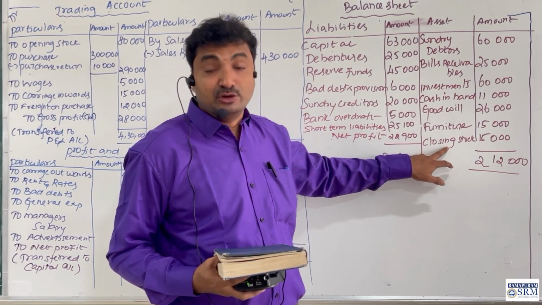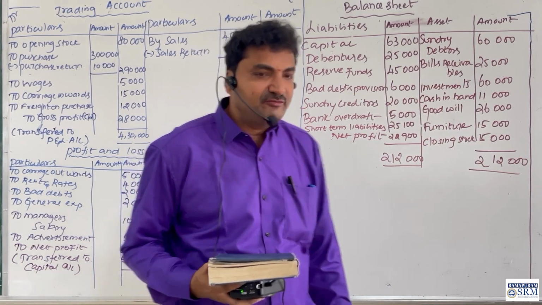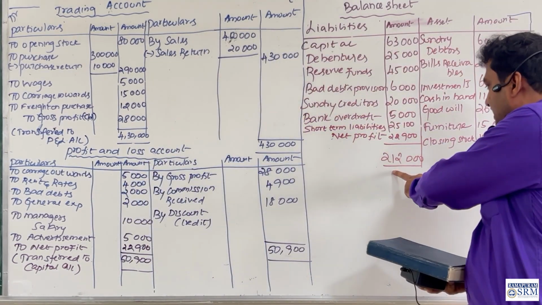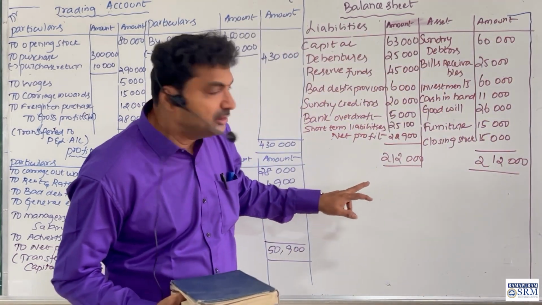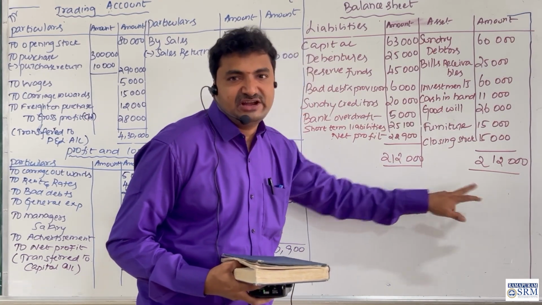Closing stock comes under the asset side. That is very, very important. Then finally you check the total value for both the asset side as well as the liability side.